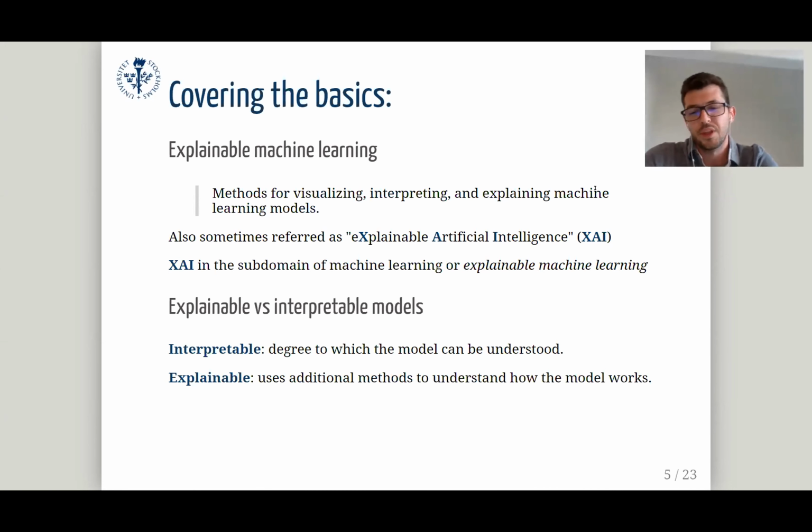For example, linear models can more easily be understood. They're more interpretable, as are decision trees. And then we have, for example, deep neural networks, which are difficult to interpret. Explainable means you can use additional methods to understand how the model works, as we have been seeing the last 2 days in this workshop. So you see what it does, but can you explain why it does it?